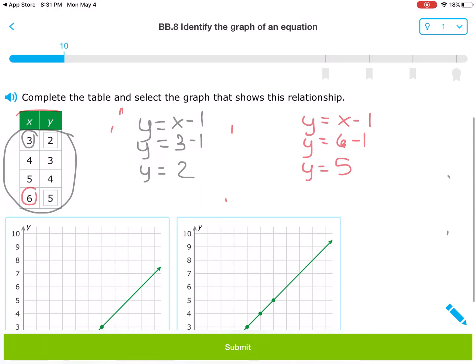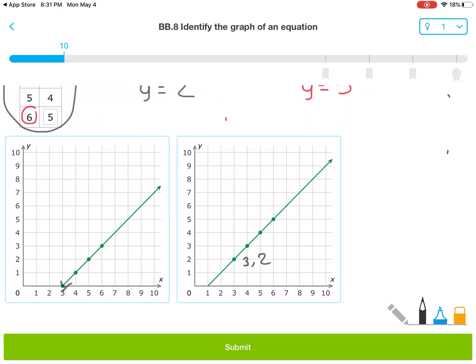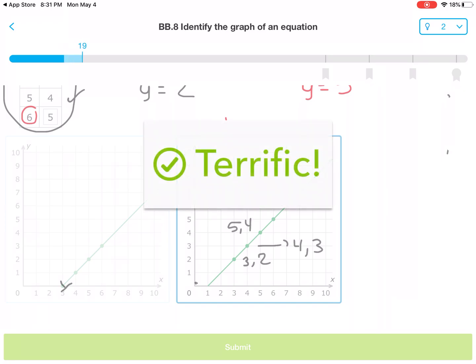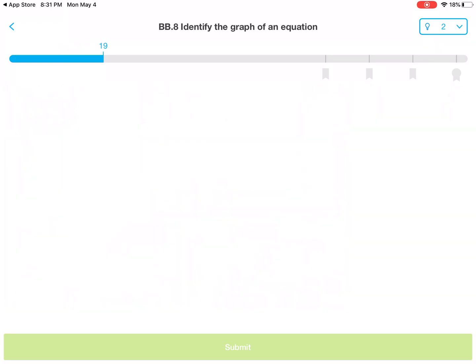So next point is 4, 3. If I go over 4, go up 3, this point right here is 4, 3. Next point is 5, 4. So if I start at my origin, go over to 5, up to 4. Oh, that point matches. 5, 4. Awesome. And then 6, 5.